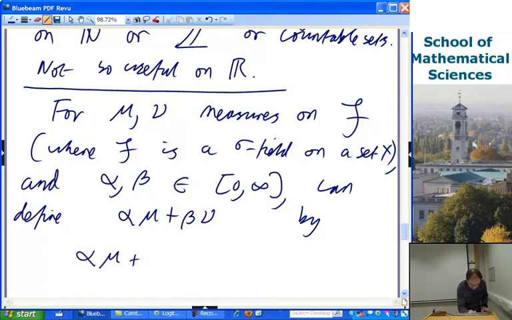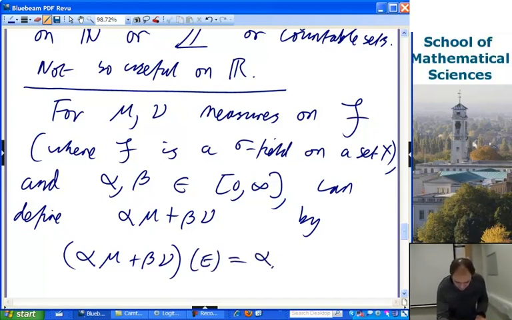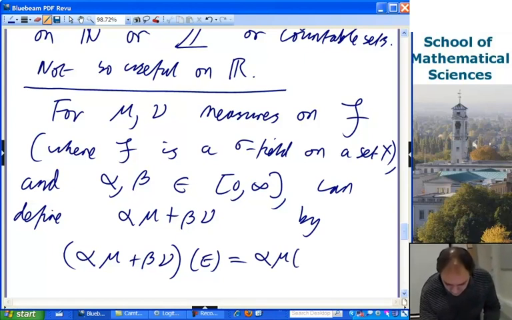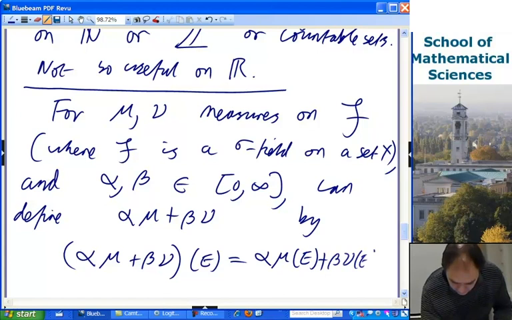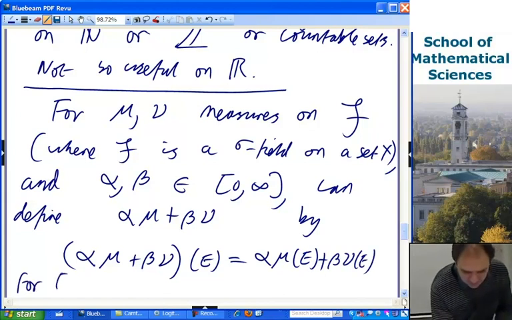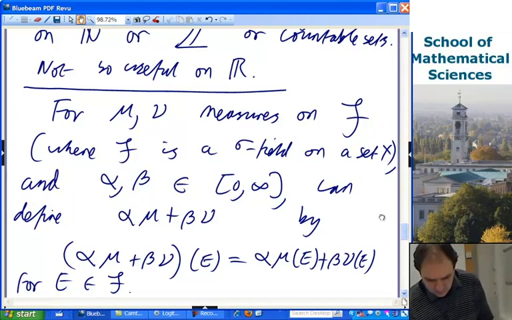What does it do? Exactly what you expect. Alpha mu plus beta nu, if you want to do what it does to E, you just combine them in the obvious way, alpha mu of E plus beta nu of E. That's for E in a sigma field. And this is then still a measure.